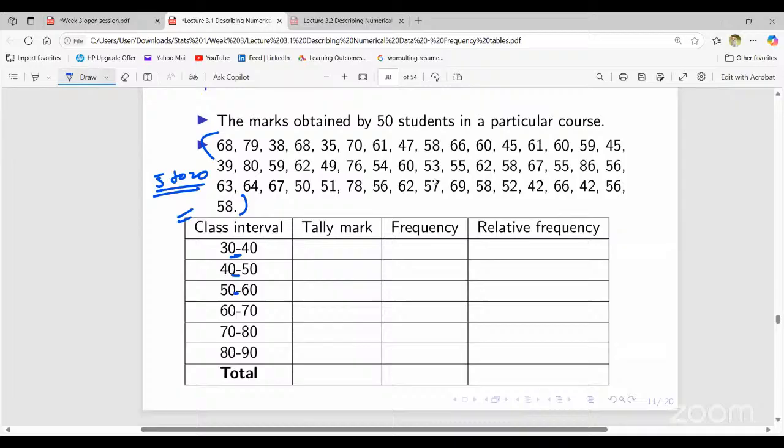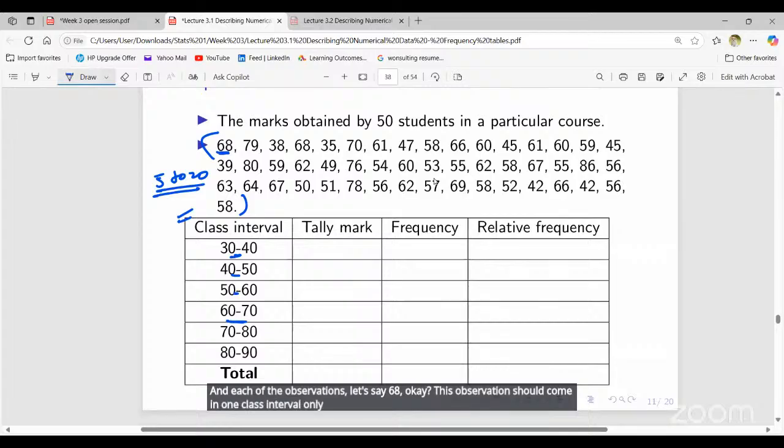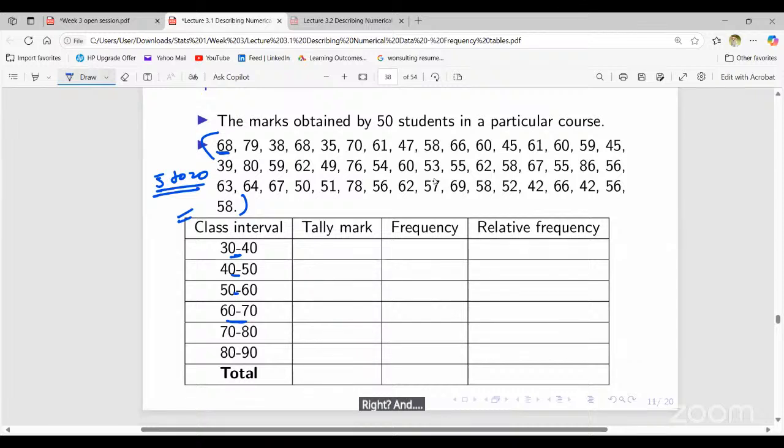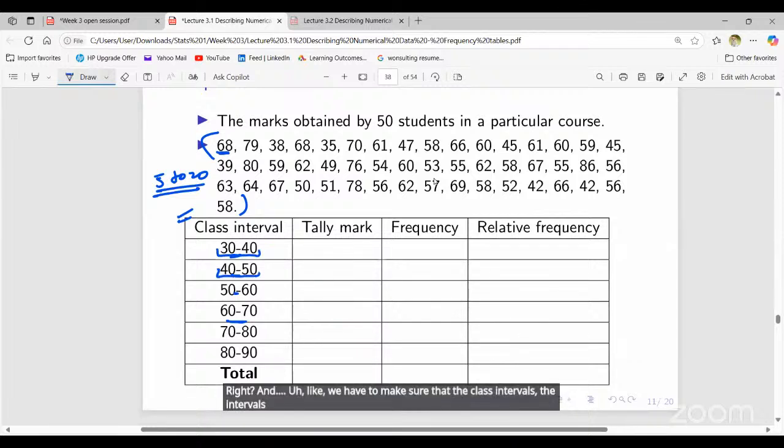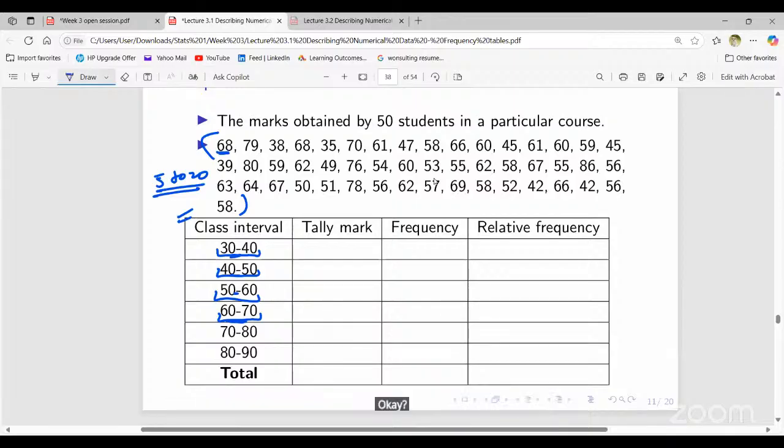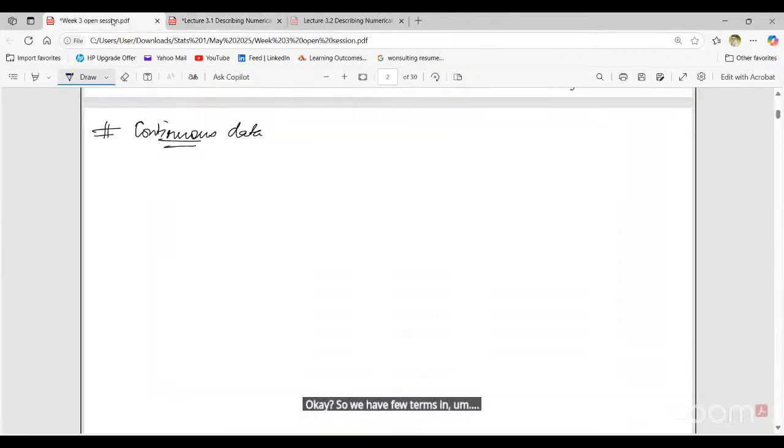Each of the observations, let's say 68, should come in one class interval only, not more than that. We also have to make sure that the intervals we are making have equal length, or we can say equal class width. Okay, so we have a few terms. The first thing is the lower limit.